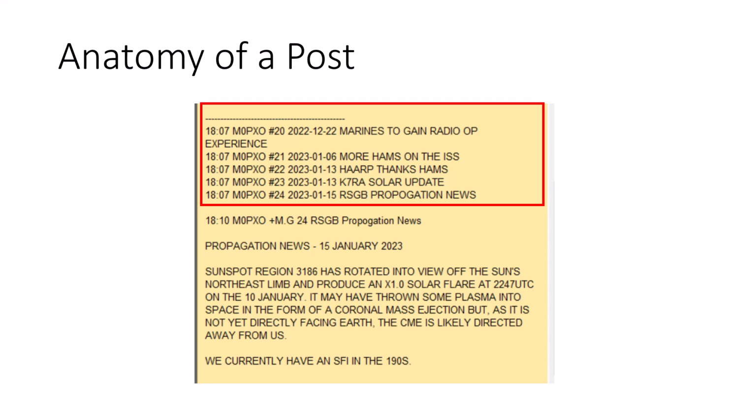Now this is actually quite an older screenshot, and the only thing that's changed here is the hash isn't there. Actually, there is no hash. It just says 20 and then the date and then the title, but you'll see that when I do the demonstration. So let's imagine that we're quite interested in the RSGB propagation news.